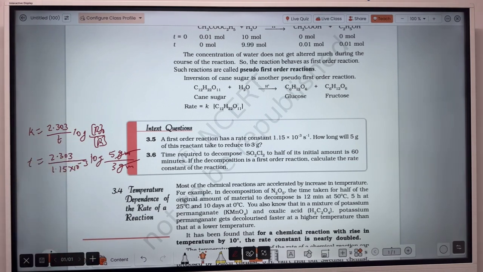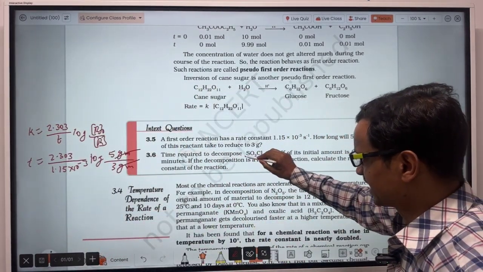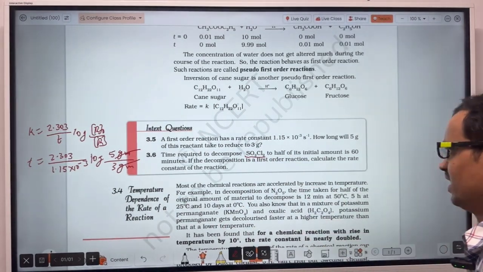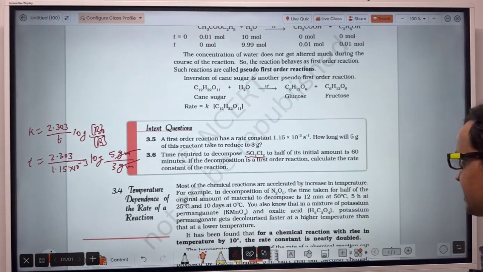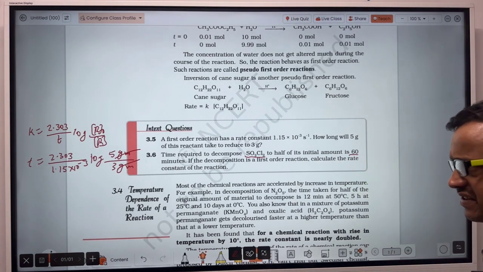Second question is: time required to decompose SO2Cl2 to half of its initial amount is this much. If the decomposition is a first order reaction, calculate the rate constant. Here the half-life period has been given. For the reaction, our reactant is SO2Cl2, and the half-life period is 60 minutes.